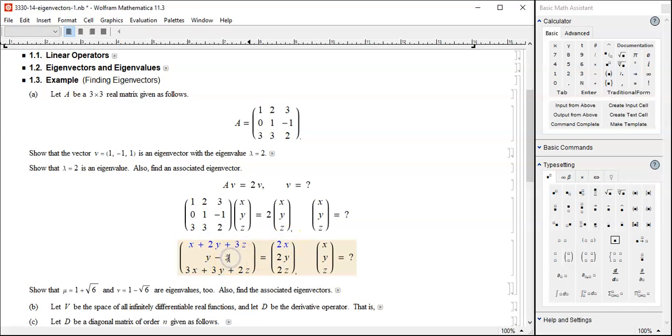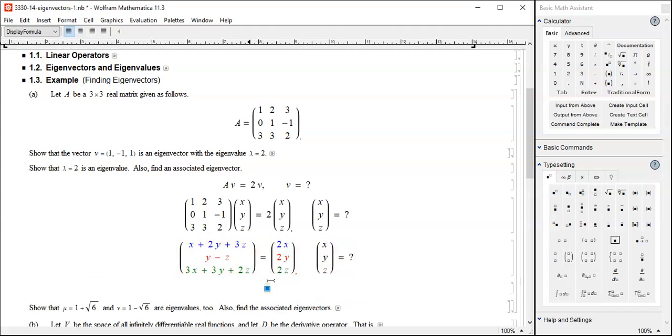Looks like the second line is the simplest to me. So let's begin with the second line. So y minus z is equal to y. So negative z is equal to just y. Therefore, y is equal to negative z.